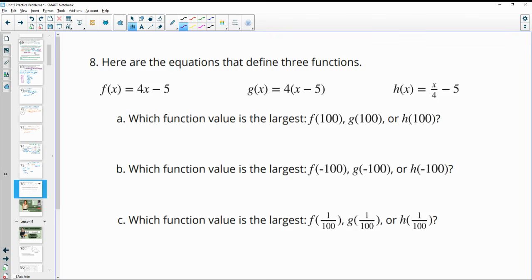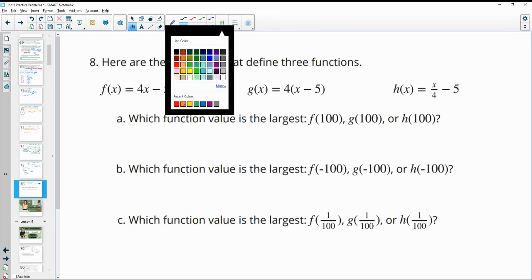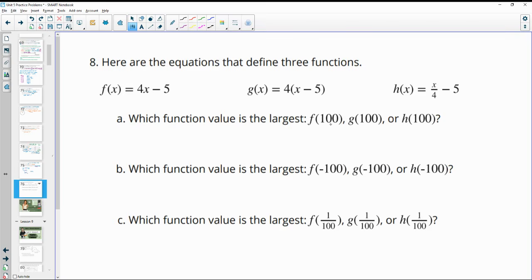Number 8, here are the equations that define three functions, f of x, g of x, and h of x. Which value is largest when we plug in 100? So for f of x, we get 4 times 100, which is 400, minus 5, which gives us 395.